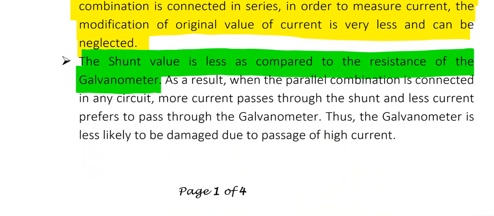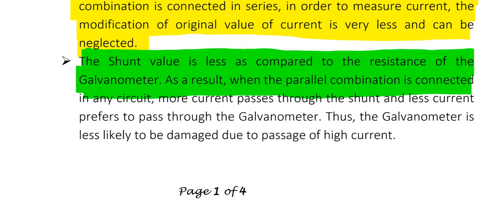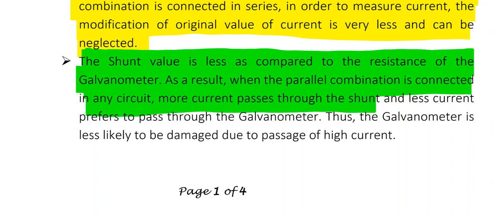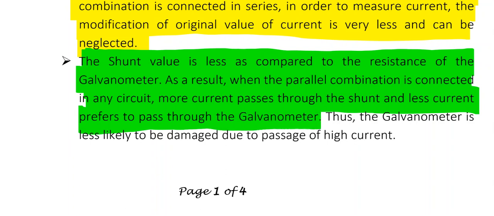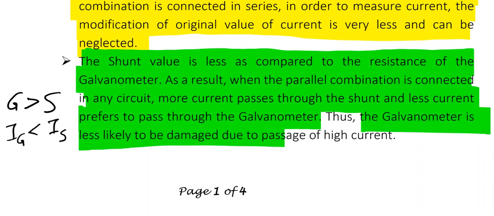So here is the second remedy, that the shunt value is less as compared to the resistance of galvanometer, and as a result, with the parallel combination of shunt, more current passes through the shunt and less current prefers to pass through galvanometer, because galvanometer resistance is high, G is high as compared to S, and then current will pass through shunt, more current will pass through shunt, less current will pass through galvanometer, and then the galvanometer is less likely to be damaged due to passage of high current.